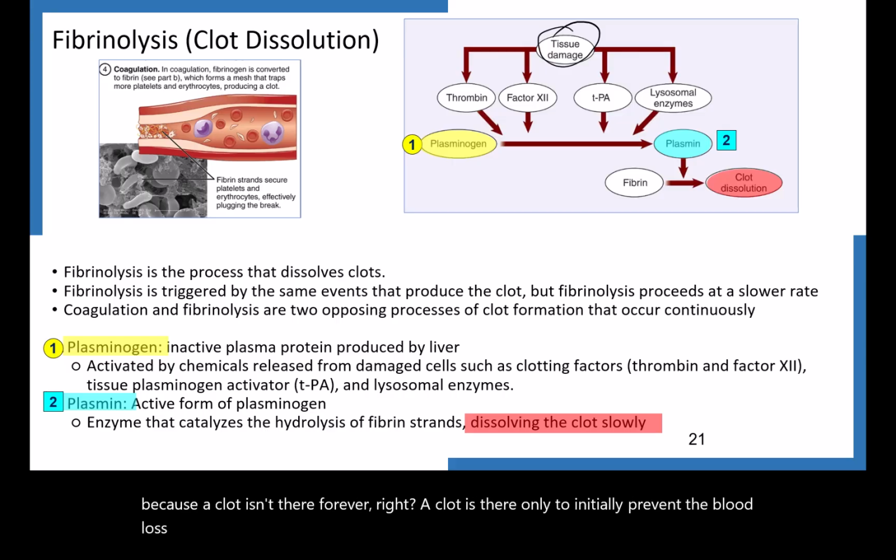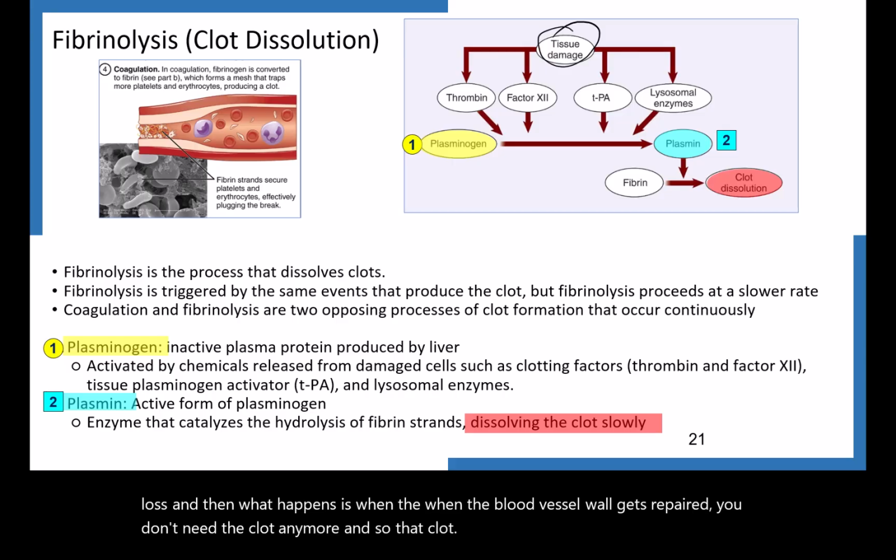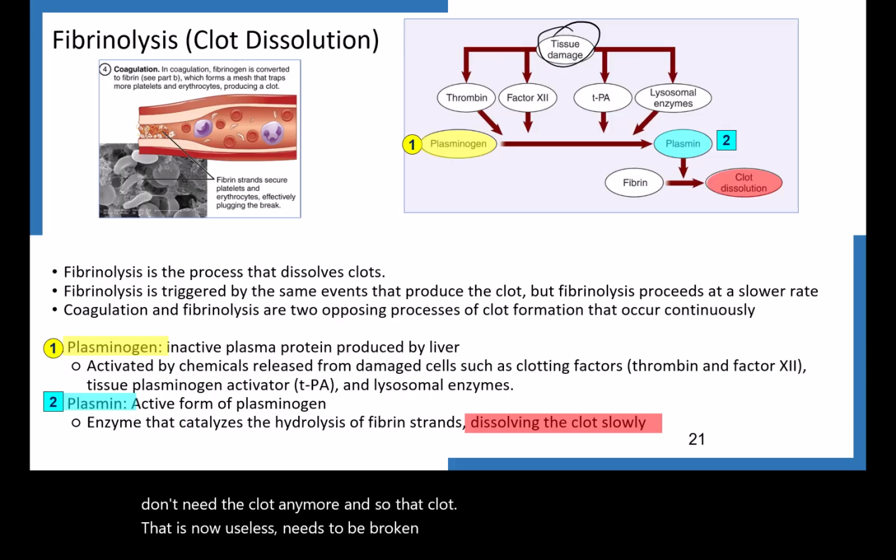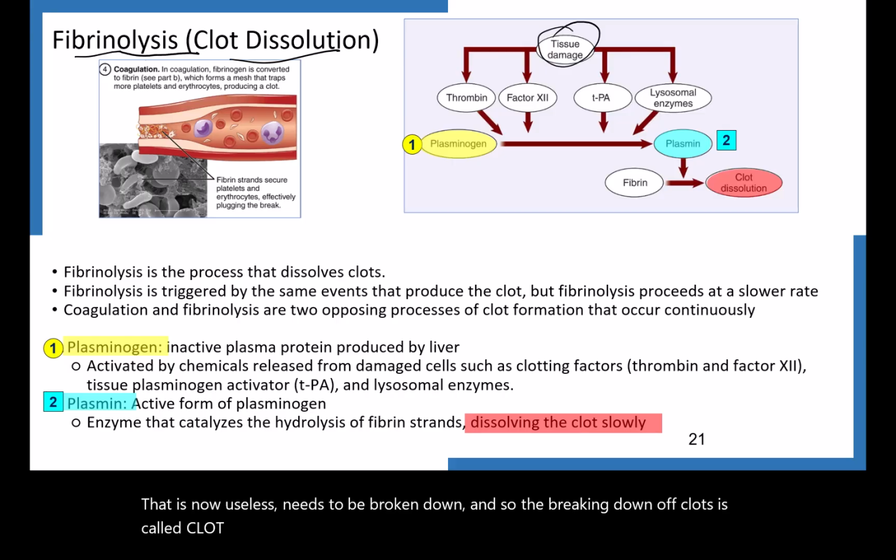When the blood vessel wall gets repaired, you don't need the clot anymore, and that now useless clot needs to be broken down. The breaking down of clots is called clot dissolution, or fibrinolysis. It's the breakdown of those fibrin threads.